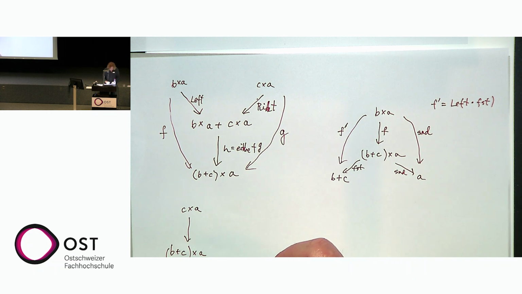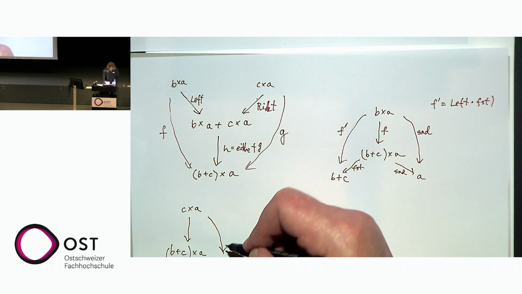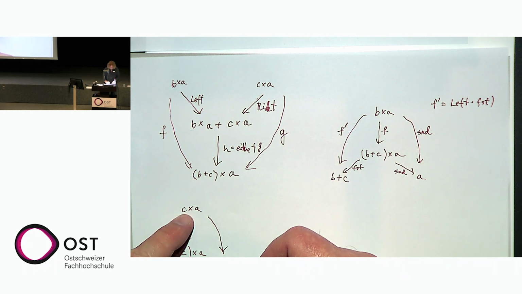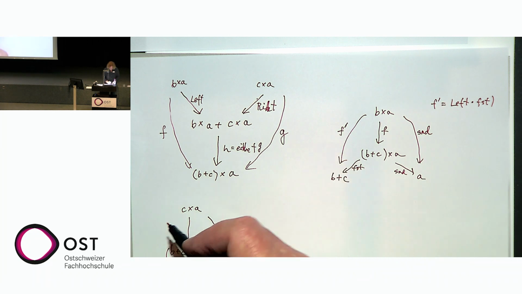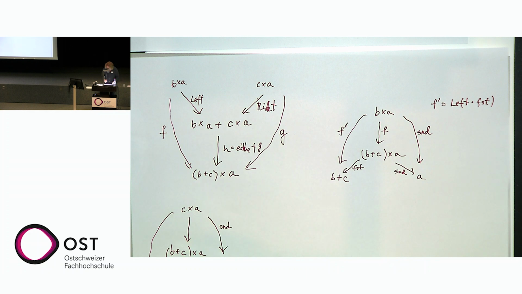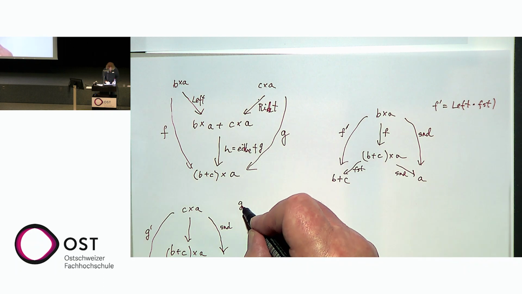See, at every step, I'm simplifying my problem. So from C cross A to get A, I just do second. Yeah? And this I will call G prime, right? And I can guess what G prime is.